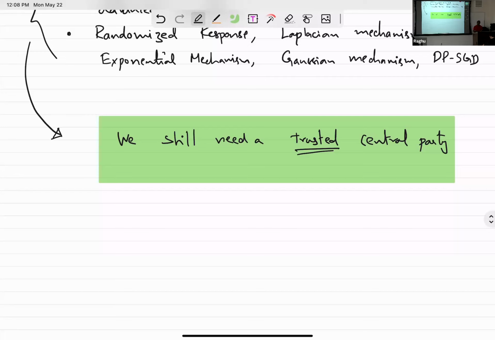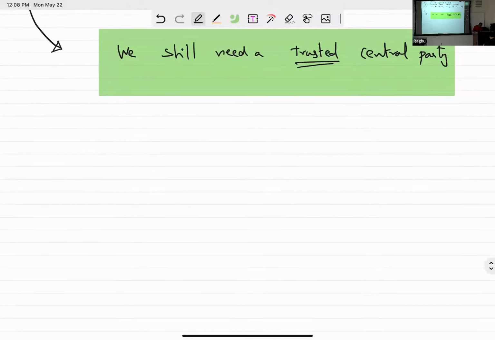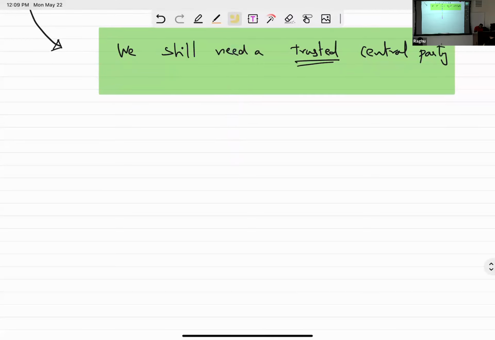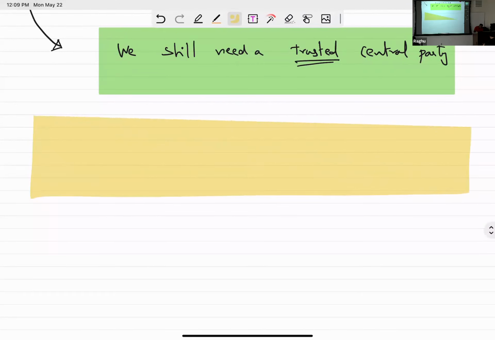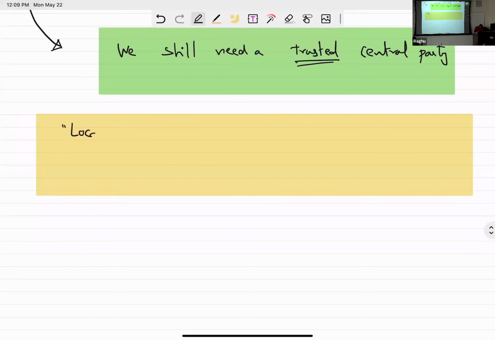So this is one other consideration, and there is a variant of differential privacy called local differential privacy, or LDP.